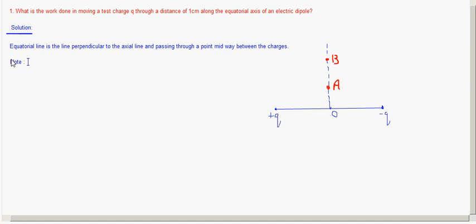The electric potential at any point on the equatorial line due to an electric dipole is equal to 0.